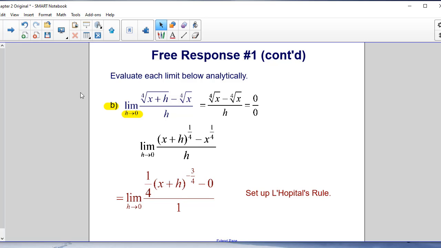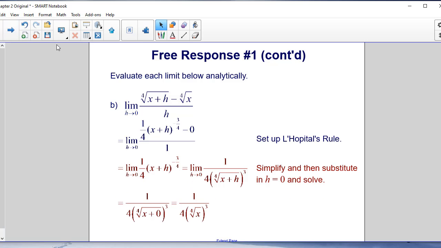Let's clean this up a little bit. As we simplify and get rid of our negative exponents, we're going to have the limit as h approaches 0 of 1 over 4 times the 4th root of x plus h raised to the 3rd power.